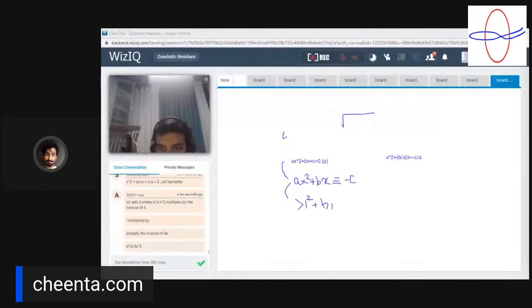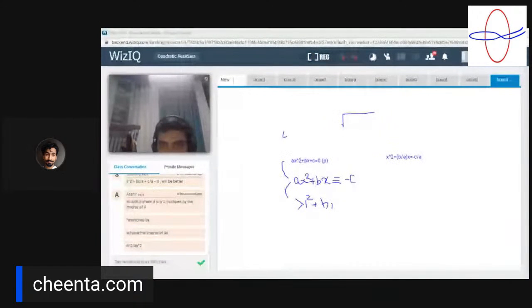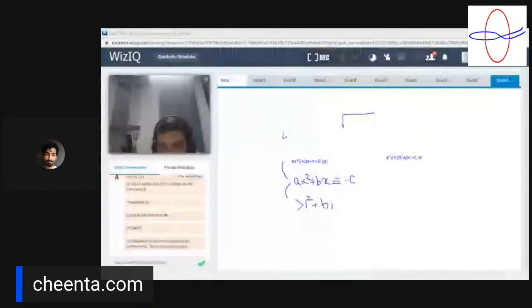That will basically be equal to x plus b by 2a whole square.